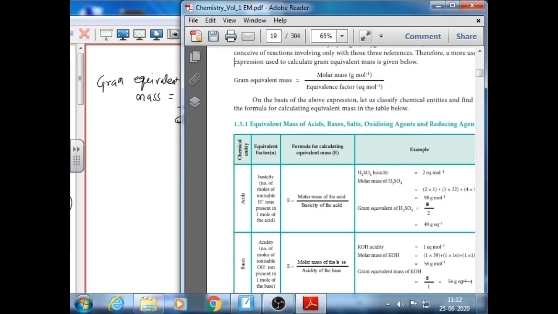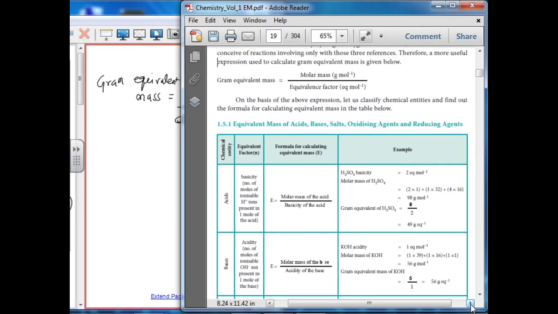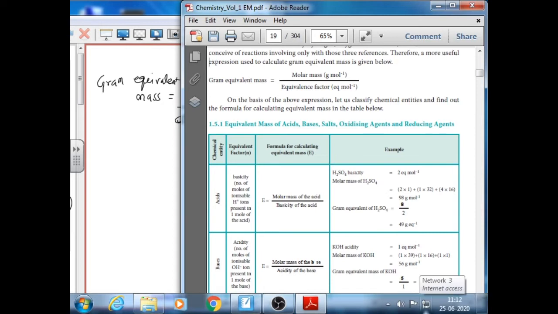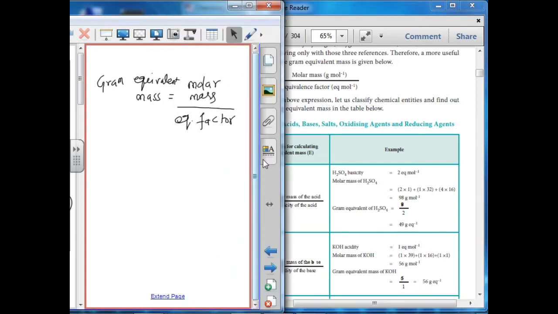So now we are going to calculate the equivalent mass of acid, base, salt, oxidizing agent and reducing agent. The first one is to calculate the equivalent mass of acid. Now I am going to calculate gram equivalent mass of acid.